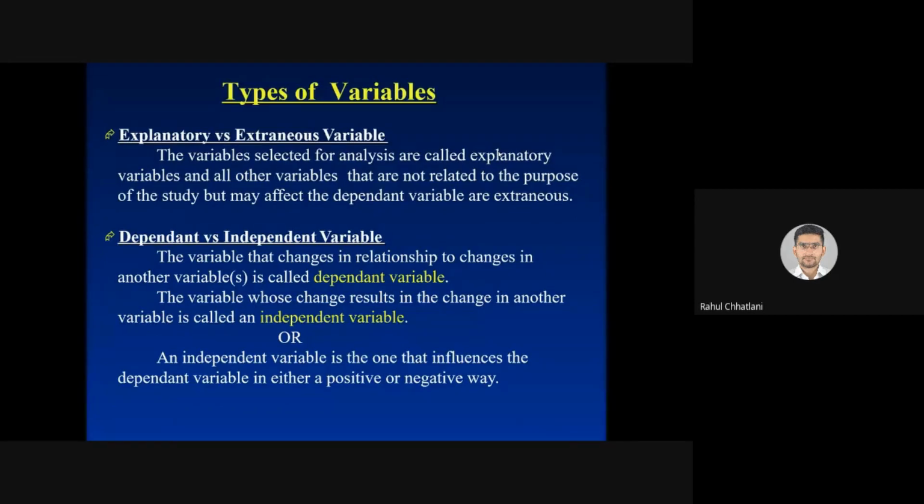A variable that changes in relation to change in another variable is called dependent variable. The variable whose change results in the change of another variable is called independent variable. એટલે simply if we say કોઈ પણ વસ્તુ તમને ઇન્ફ્લુઅન્સ કરશે, તો એ વસ્તુ ઇન્ડિપેન્ડન્ટ છે, તમને ઇન્ફ્લુઅન્સ કર્યા એટલે તમે ડિપેન્ડન્ટ ઉપર.